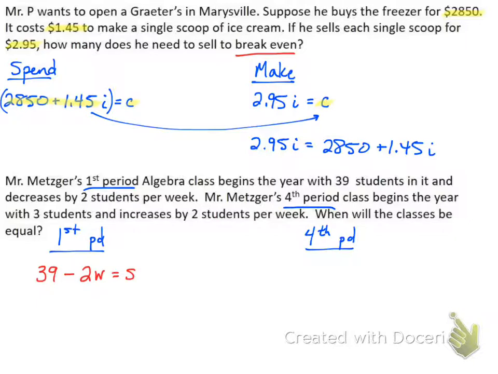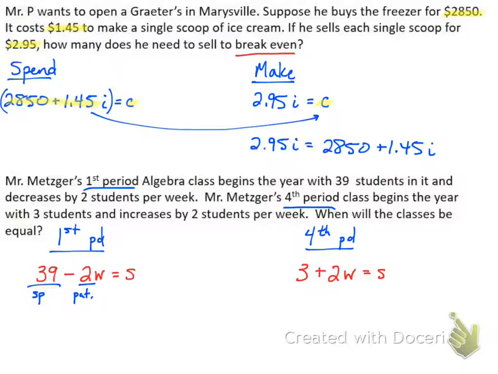In my fourth period, my starting point is 3 students. So I start with 3, and then I add 2 students per week. And that'll be the total number of students in my class. Remember, this is my starting point, and this is my pattern or my change.